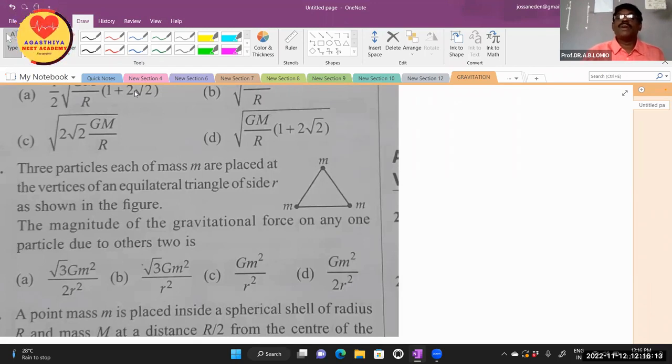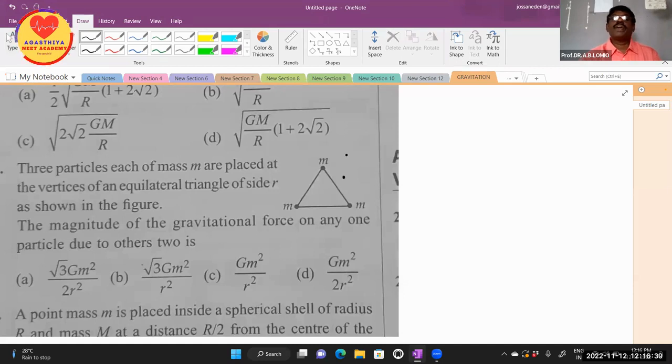In the previous problem, we used 4 masses and calculated the resultant force with respect to A. Similarly, here the question is to find the magnitude of the gravitational force on any one of the particles due to the others. You can try.